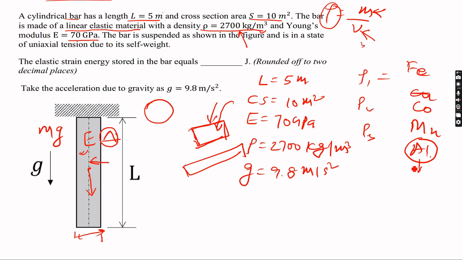Aluminium is a lightweight material, so its density will be less. For iron, the density is 7 to 8 gram per centimeter cube, depending on carbon content and on the type, like stainless steel or mild steel. So the density will be 7000 to 8000 kg per meter cube. For aluminum, it is 2700.